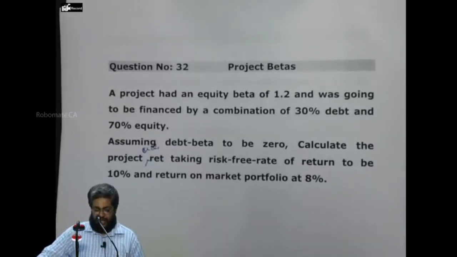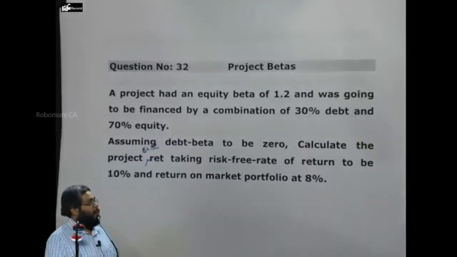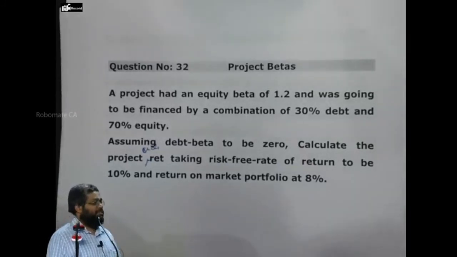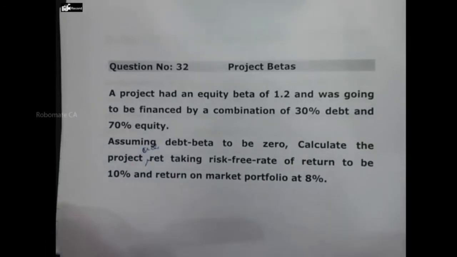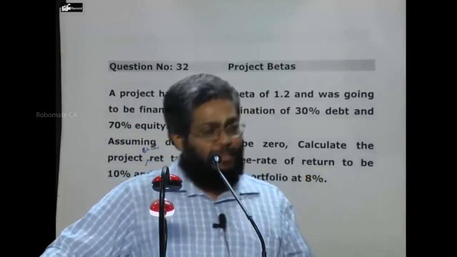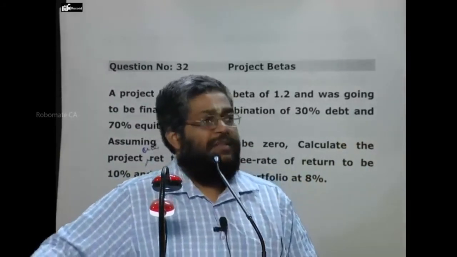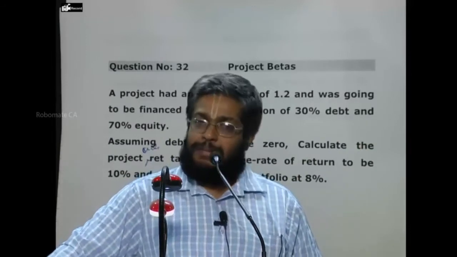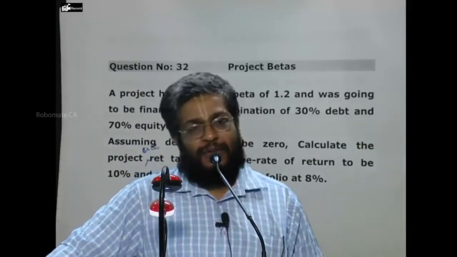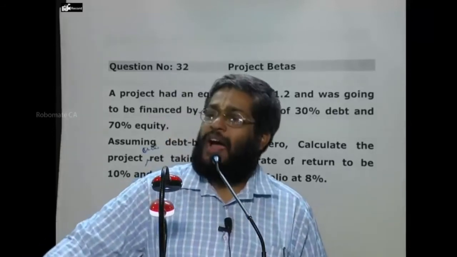Now the question is, calculate the project's required return. Tell me, what is the required return of a project? It is the WACC. Because for any project, the minimum return I should get is what the investor expects. The project should earn for the debt providers KD, for the equity shareholders KE, and overall should be earning KO or WACC.